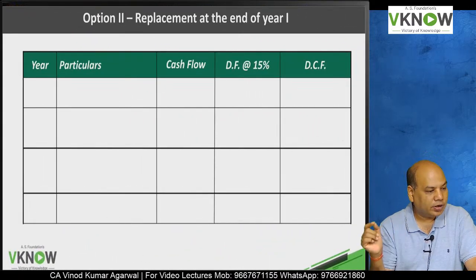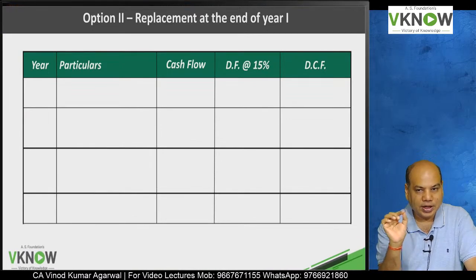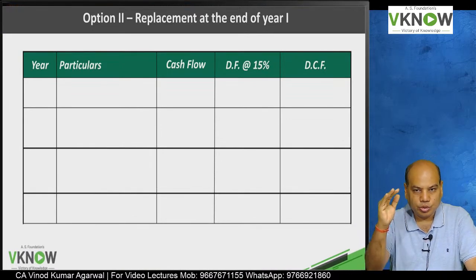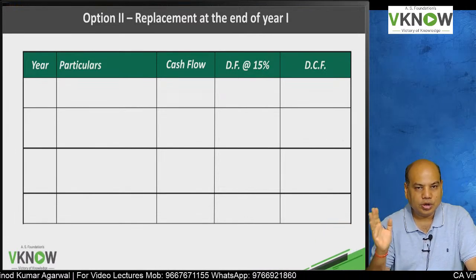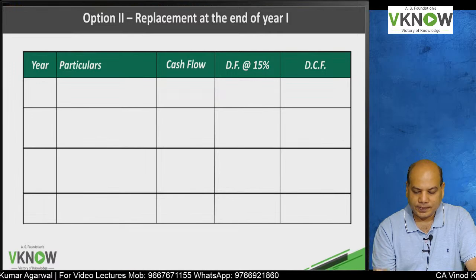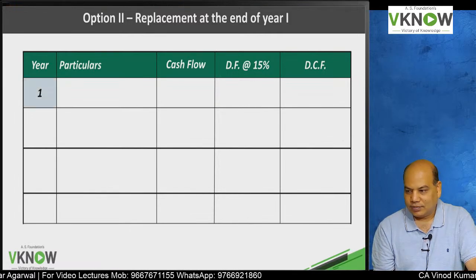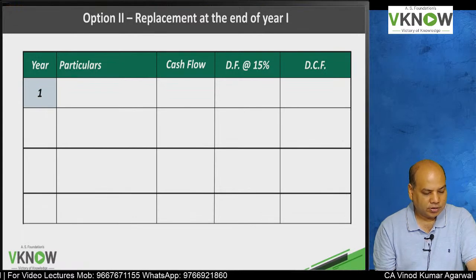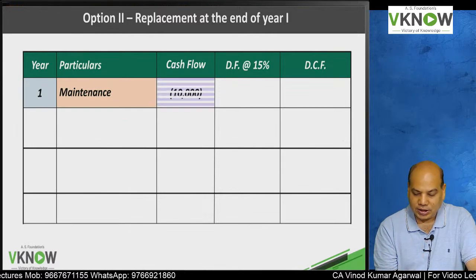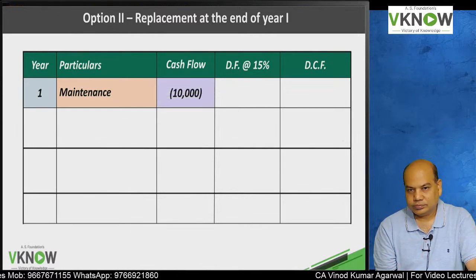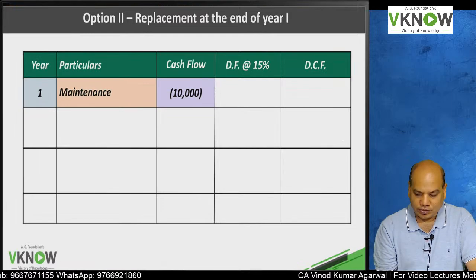Now write down option 2. Replace at the end of year 1. Use the old machine for 1 year, then use the new asset for the next 3 years. Draw the format first. Maintenance cost 10,000.